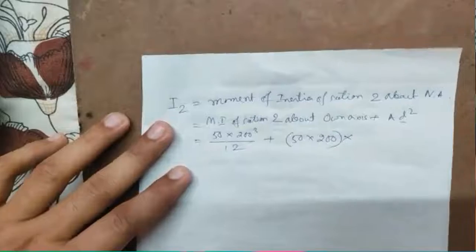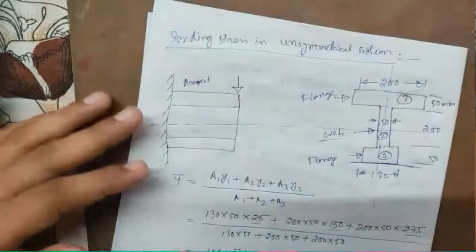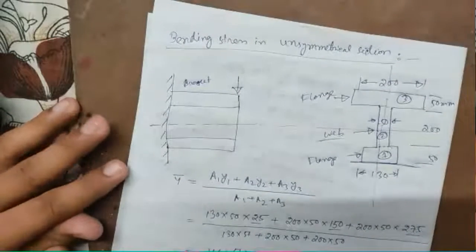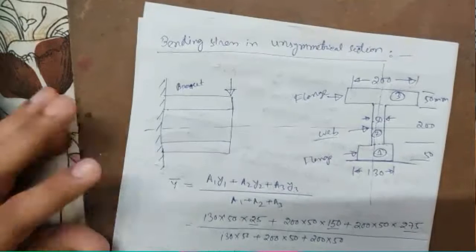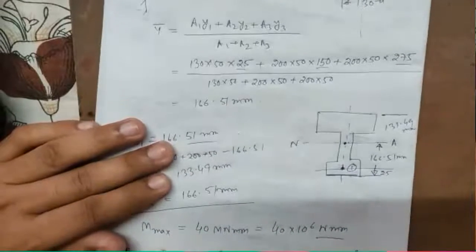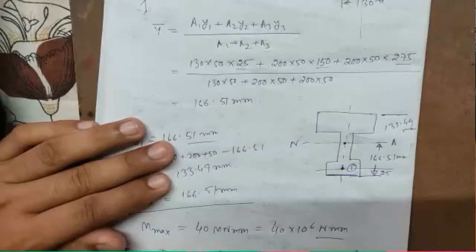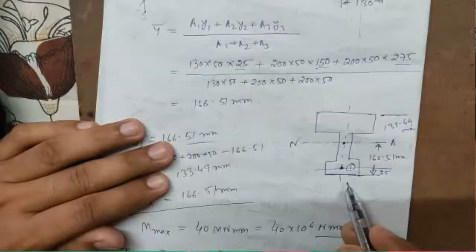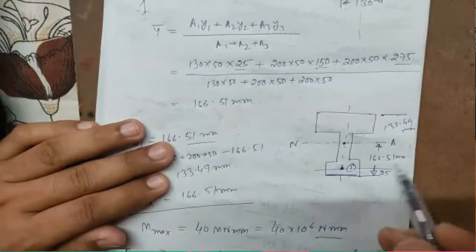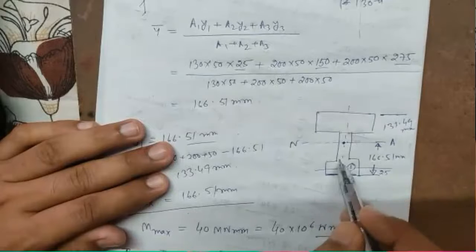d square. D square means the distance of the centroidal axis of section 2 to the neutral axis. So now if we look at this image, this is 200.